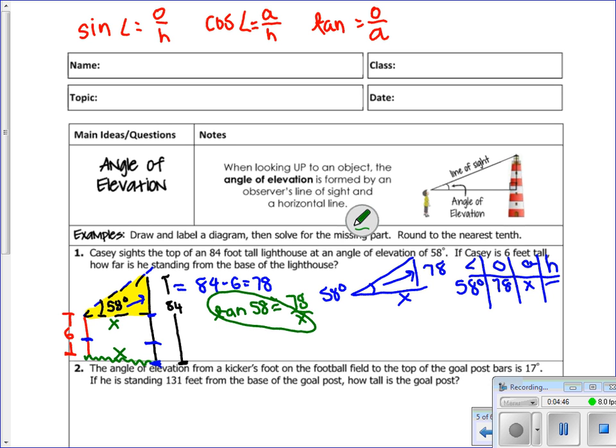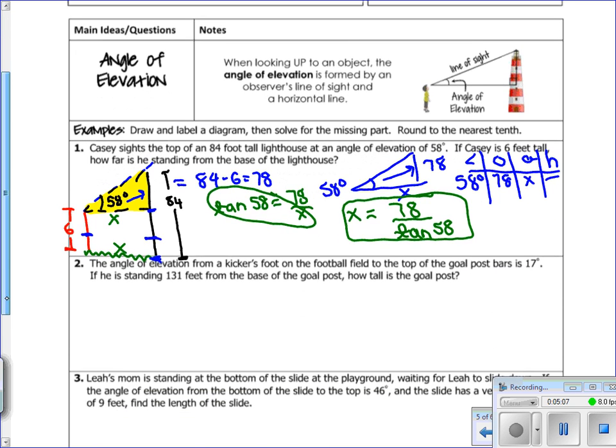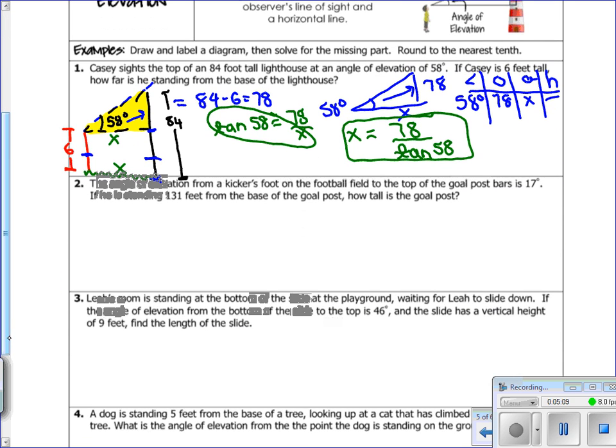That means I'm going to have x equals 78 over tan 58. And that's my final answer. This is the distance from that kid to the base of that lighthouse.